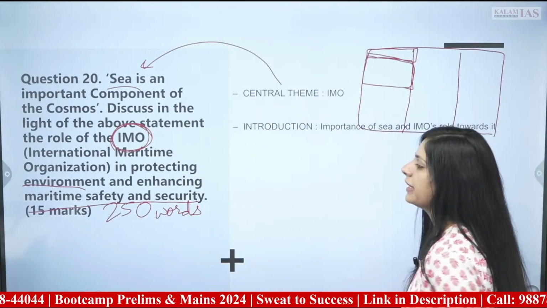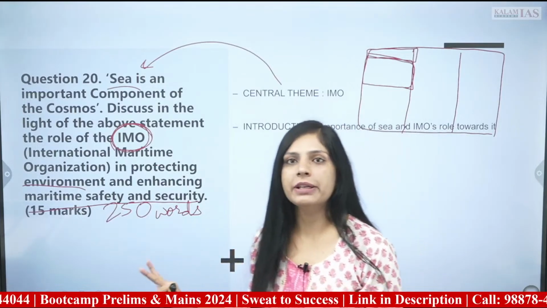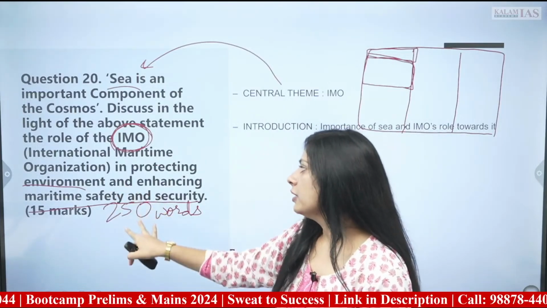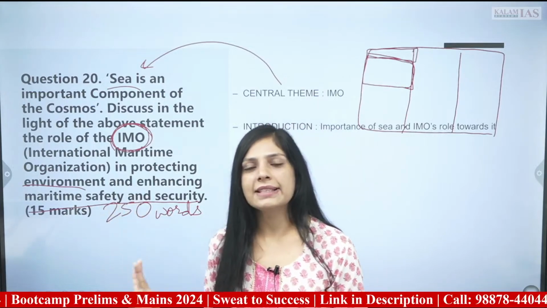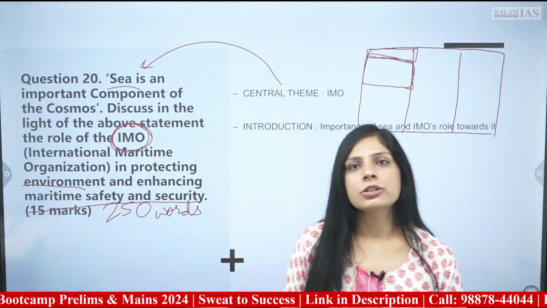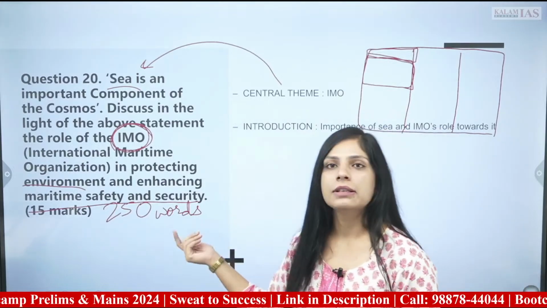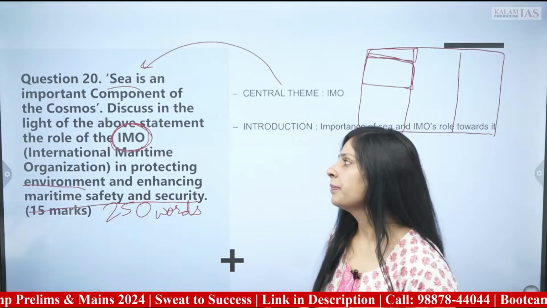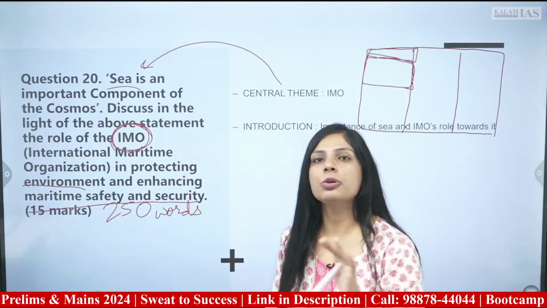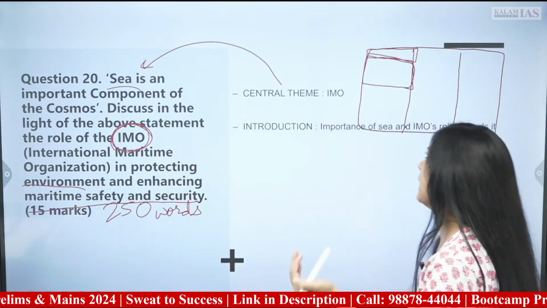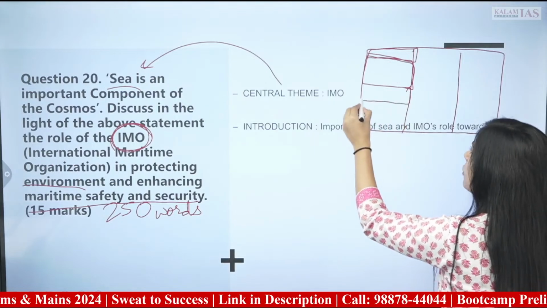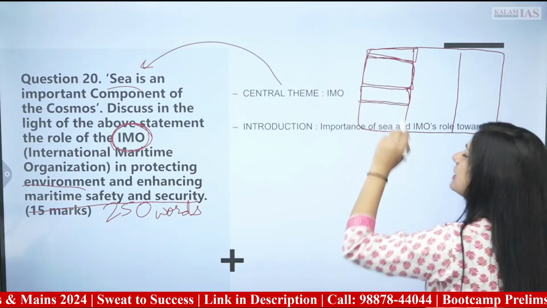See, as this is a 15 marker question and 250 words should be written, and there are 2 parts to the answer if you look at it, it gives you scope to go beyond the demands of the question, right? Since it has been asking about the role of IMO, you can highlight the role of IMO in different areas as well.